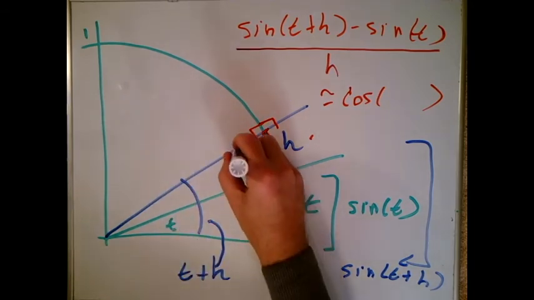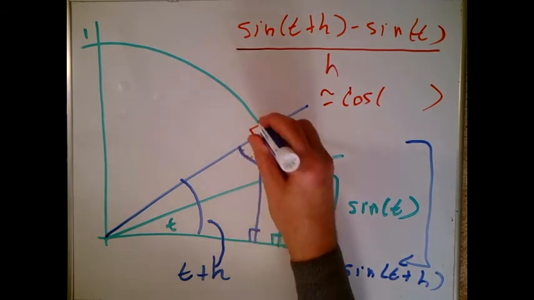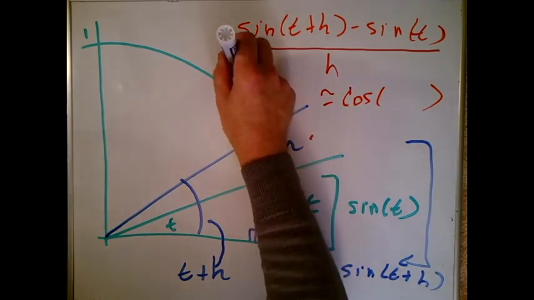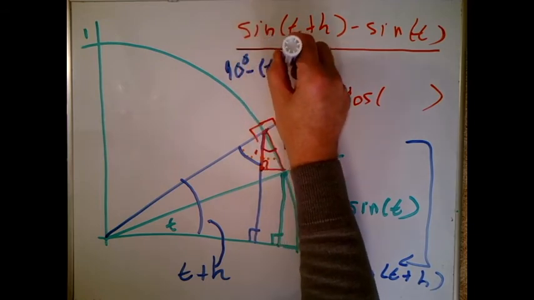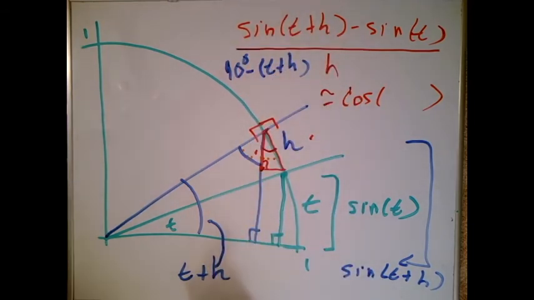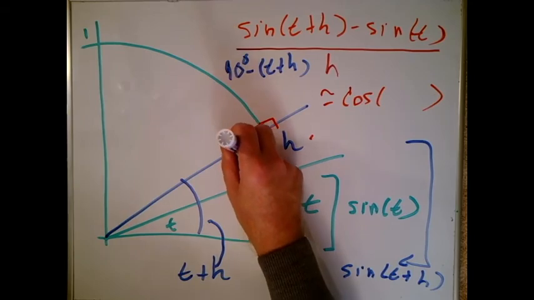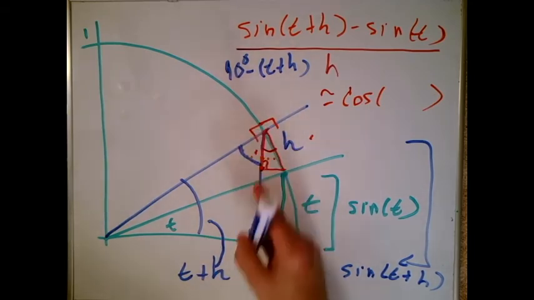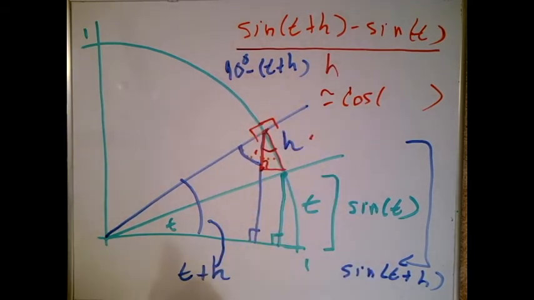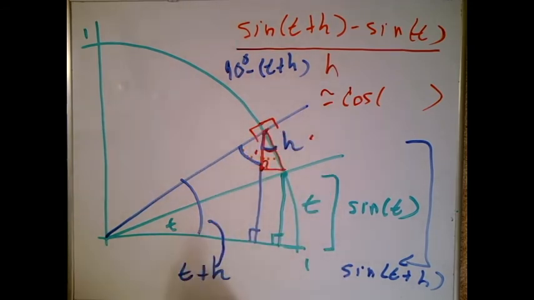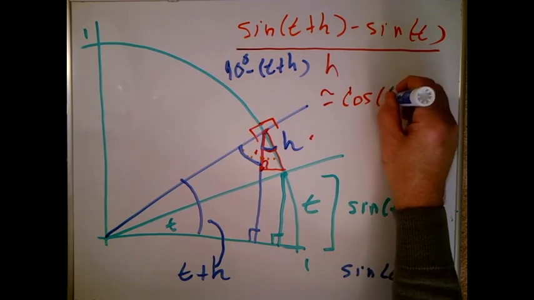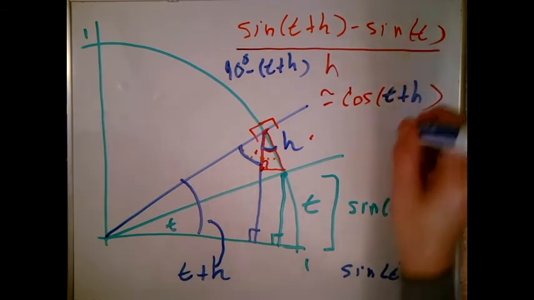That's going to make this angle 90 degrees minus t plus h. Like that. That's this one right here. But this angle and our angle add up to 90 degrees. That's going to make our angle right here t plus h. So I'm going to put a little t plus h like that.